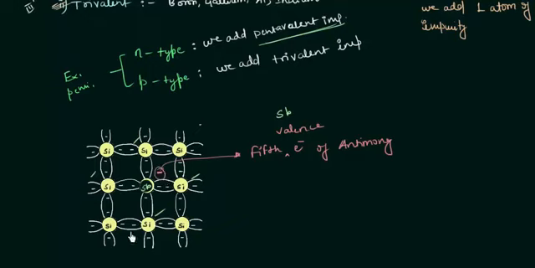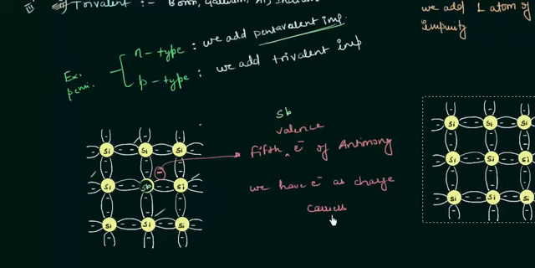If I apply the potential difference across this material, then definitely this electron will be drifted and we have electric current. So in n-type semiconductor we have electrons as charge carriers. You should keep this thing in your mind.